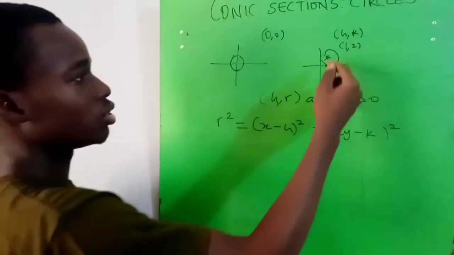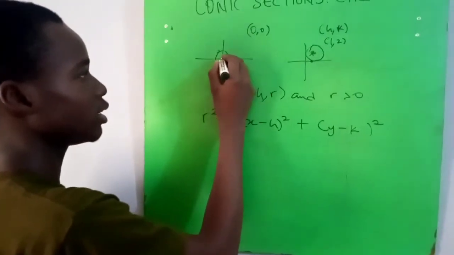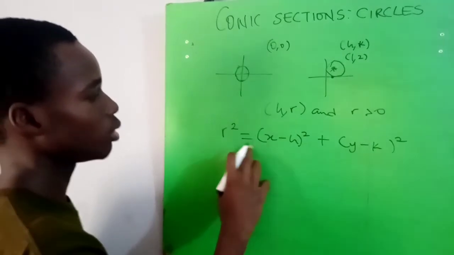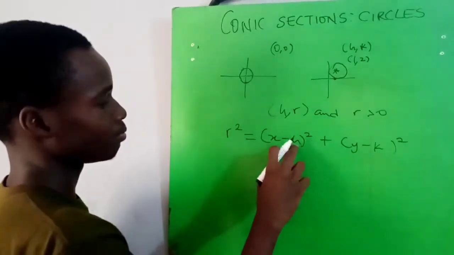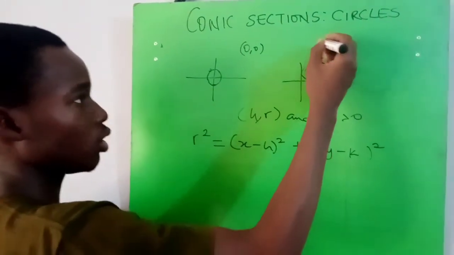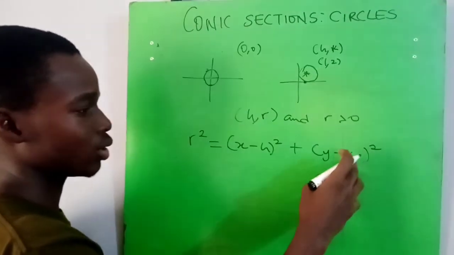It means the radius of our circle, that's from the center of the circle to any part touching the circumference, is given by x minus h squared, which is the x coordinate, if I may say, plus y minus k squared.